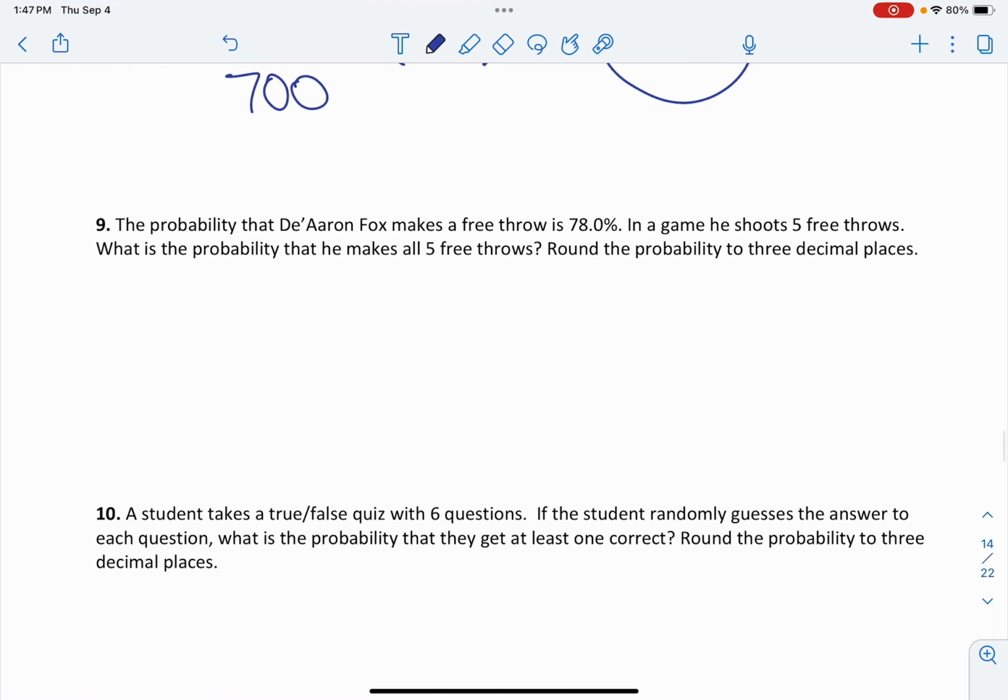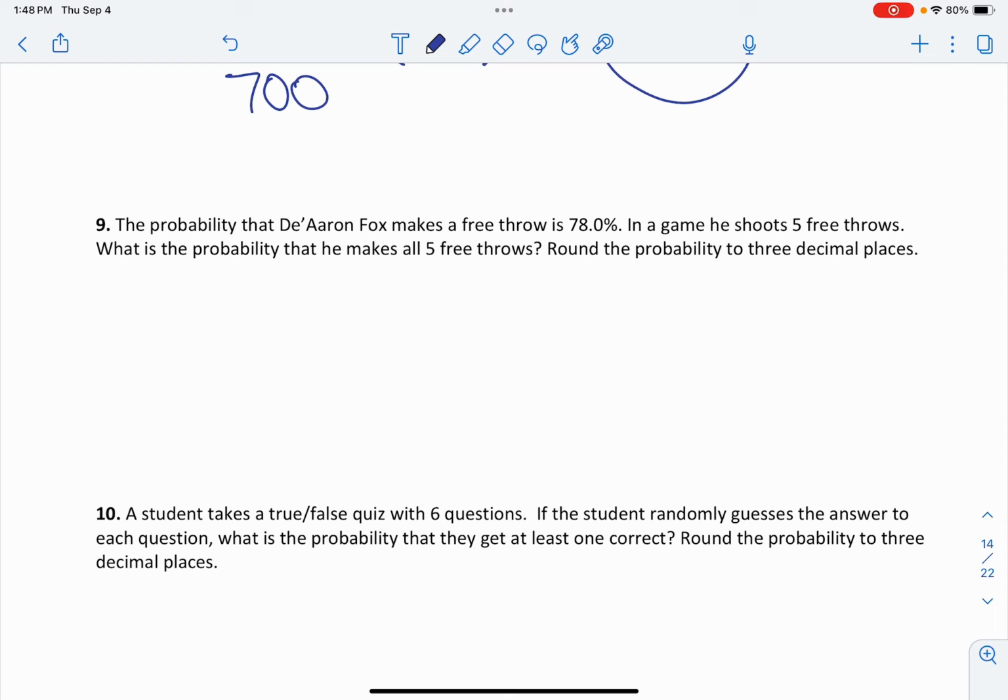Okay, here's another problem. De'Aaron Fox makes free throws 78% of the time. If he shoots 5, what's the probability that he makes all 5? So here we have independent events, because we would have to assume that each attempt is independent of the other.